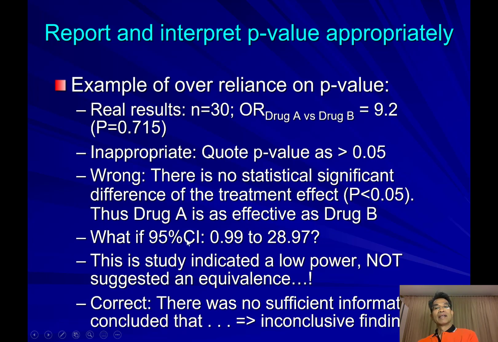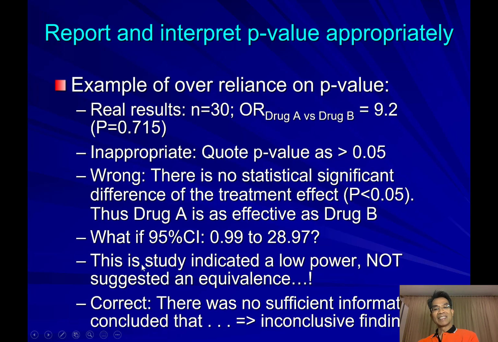If the sample size is like this, the confidence interval will be wide. The lower limit is less than 1, meaning slightly protective, or close to 1, meaning nothing, and the upper limit means very high efficacy compared to drug B. So this is inconclusive.